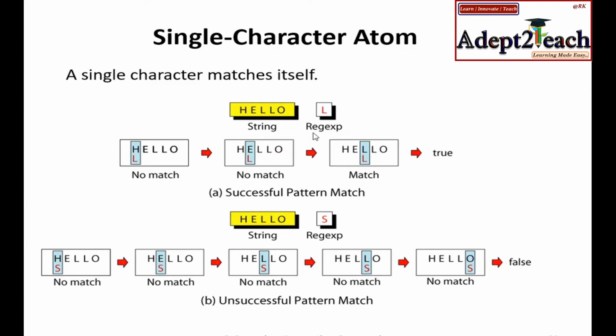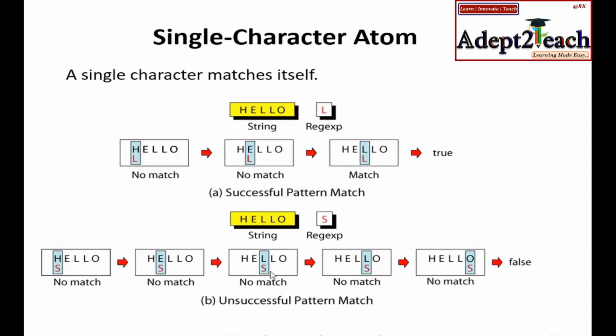So this is my search expression, that is my regular expression. This regular expression will match against every character of your entire string, but one at a time. First it will match with the first location, then the second, then the third. Wherever it gets the match, it will stop.